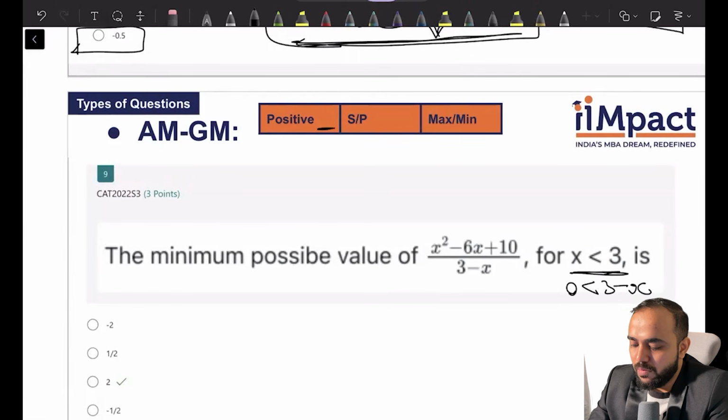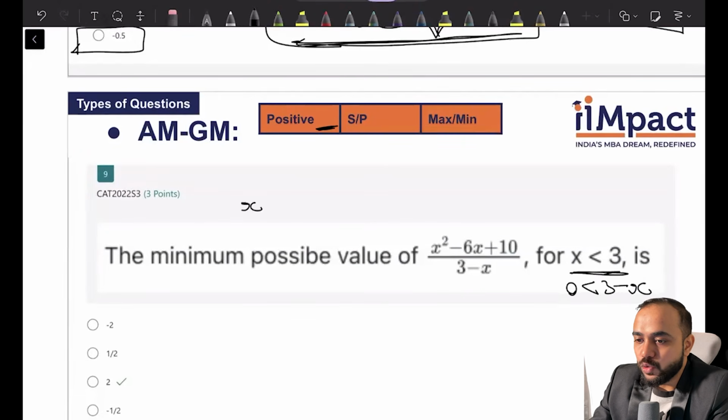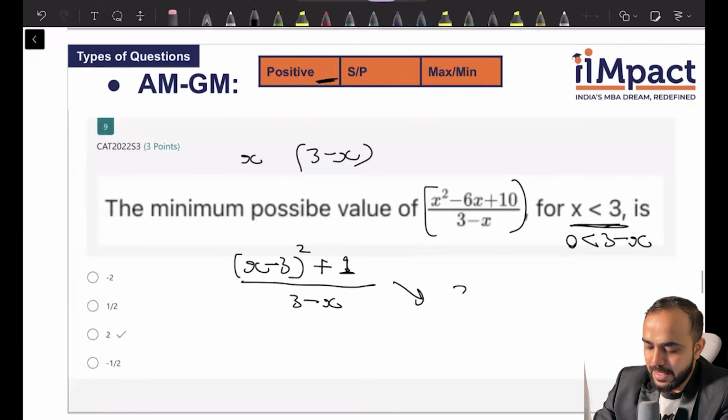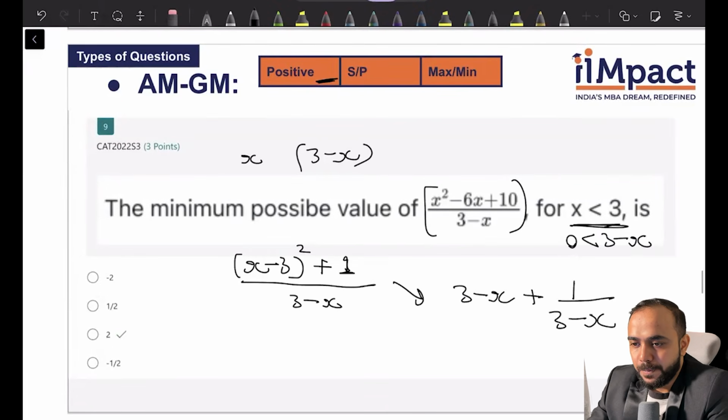So now immediately I feel like working on 3 minus x and not x. So instead of trying to make AM-GMs in x, I would try to make it in 3 minus x. So this I will now write as x minus 3 whole square plus 1 divided by 3 minus x. So this I can then write as 3 minus x plus 1 by 3 minus x.